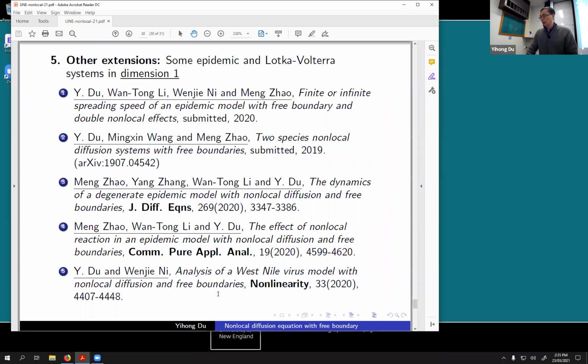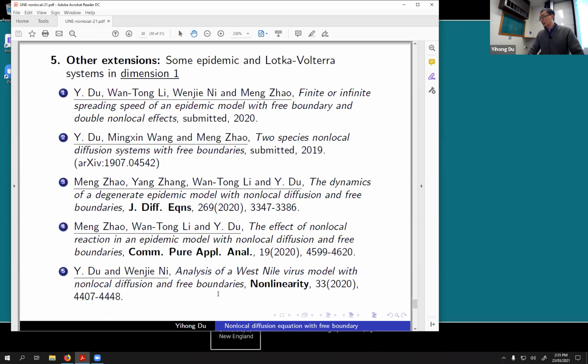They also use these parabolic models. Part of the reason is because traditionally most population models are ODE models. And then people realize that if you consider an ODE model, you don't take space variation into consideration.